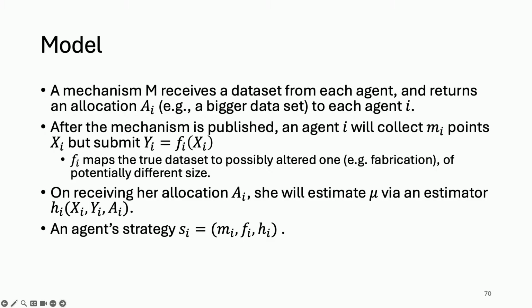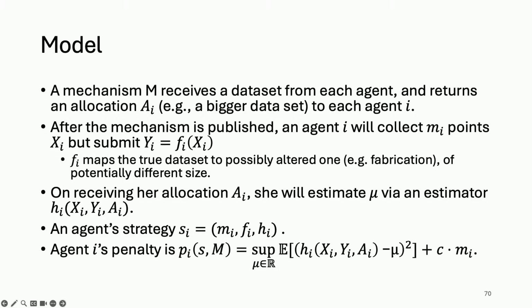That is, the amount of data they want to collect, the submission function, that is how they modify the true data set, and the estimation function, that is, once they have their data and they receive their allocation, how do they estimate the mean? And the agent penalty is the same as we mentioned at the beginning, the estimation error plus the data sharing cost. And again, to make the problem well-defined, we still consider the worst-case error by taking the supremum over the true mean.